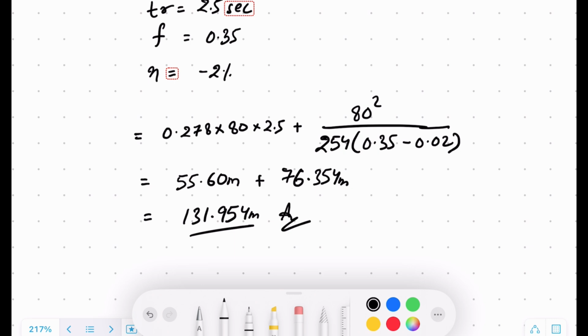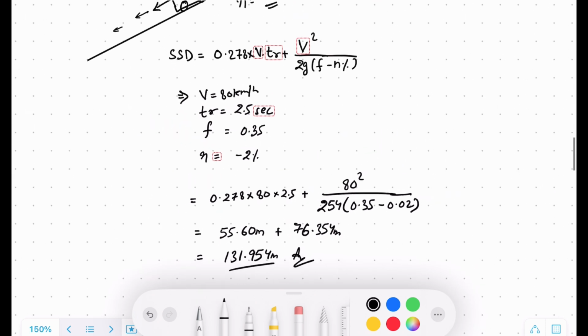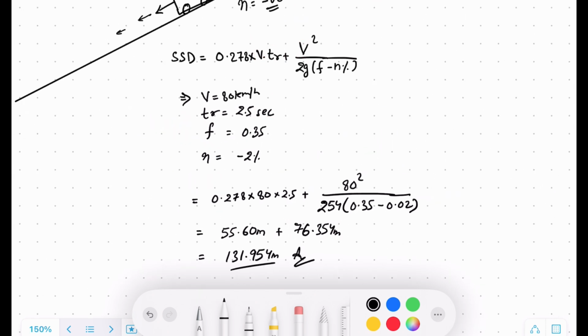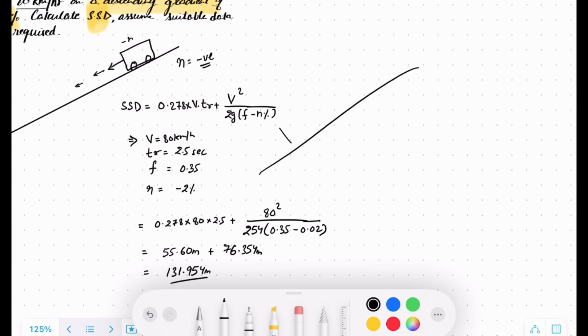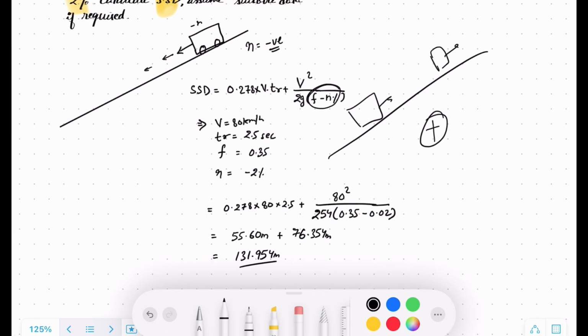All right. So simple question, nothing complicated. If we had a scenario where the vehicle was moving up, then it would have been positive because it would have contributed towards the friction value. Okay, so these are the main types of questions that you can see in the stopping sight distance topic.